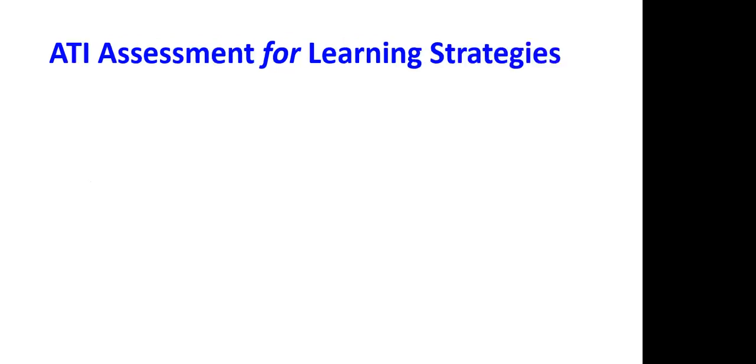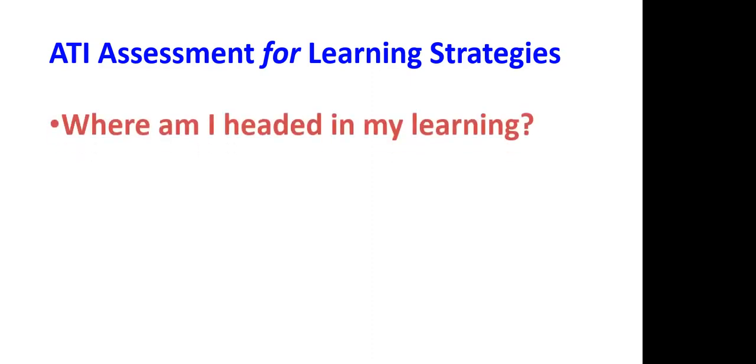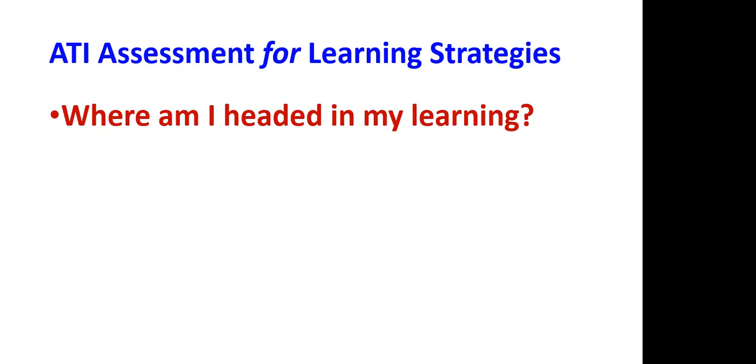Now, what's really fascinating about this is that a researcher in Australia, Royce Sadler, captured the essence of this set of ideas by telling us, showing us that the basis of this kind of student involvement is that we need to keep students continuously informed of answers to 3 critical questions.